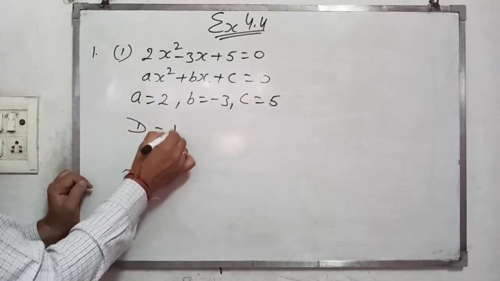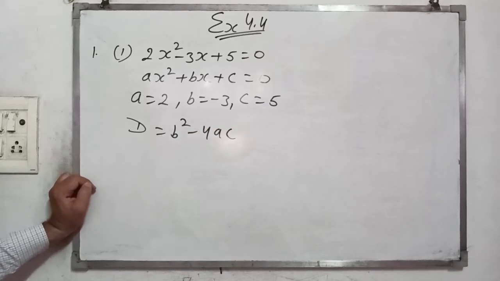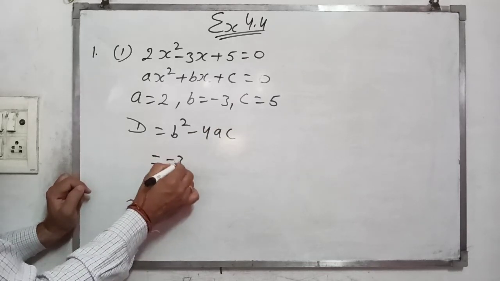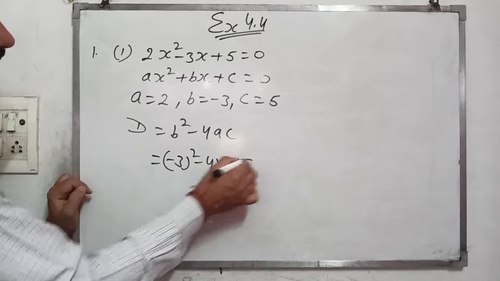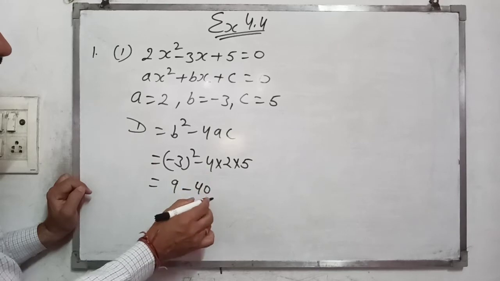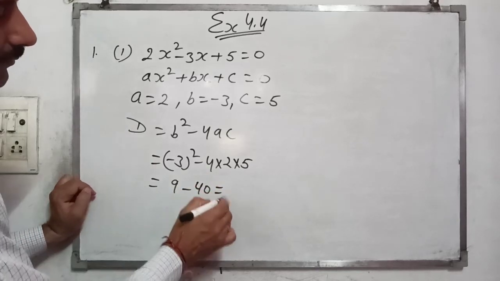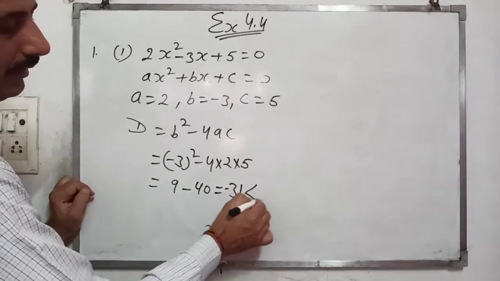So D equal to b square minus 4ac. That is minus 3 square minus 4 into 2 into 5. So that becomes 9 minus 40, which becomes minus 31, so that is less than 0.